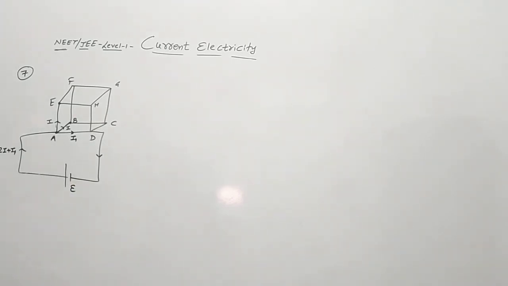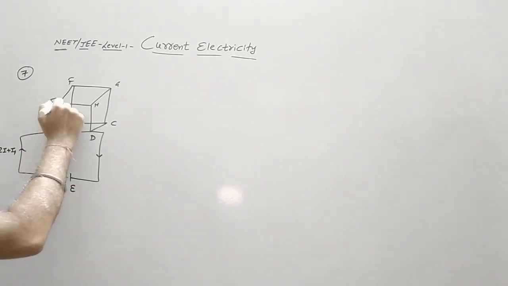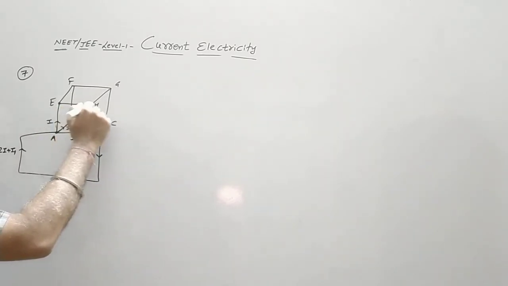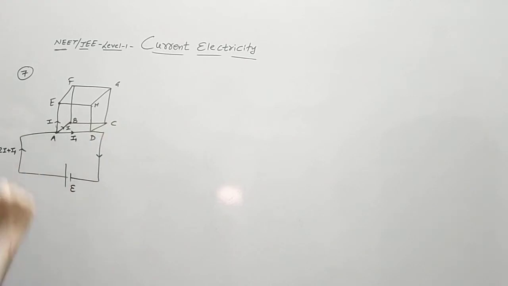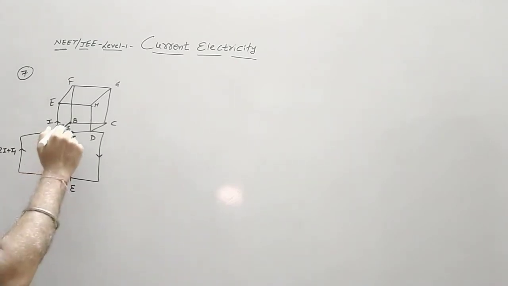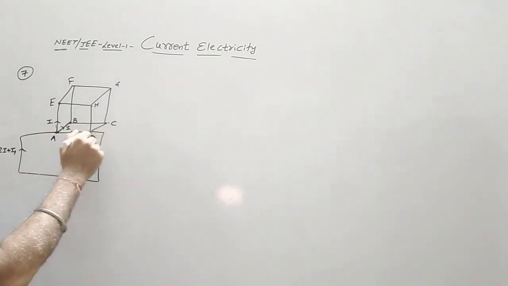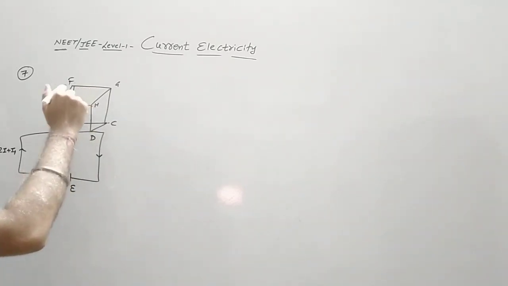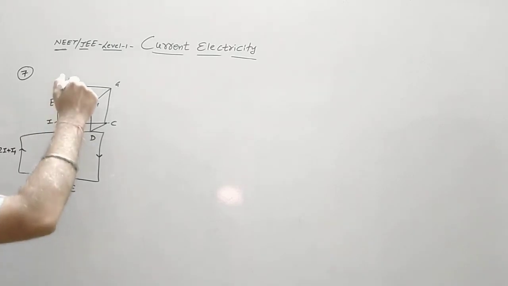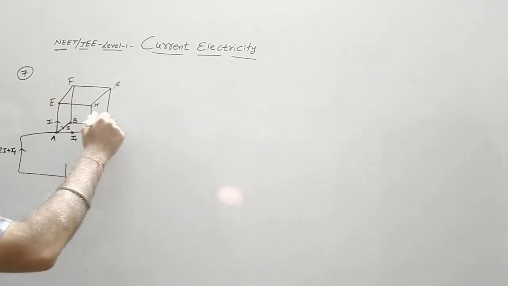Again we check the division. We have EH, that is one path, and HD, that is the second path. So I should be further divided into two equal parts. Similarly, BC, CD, BF, FG and CG.